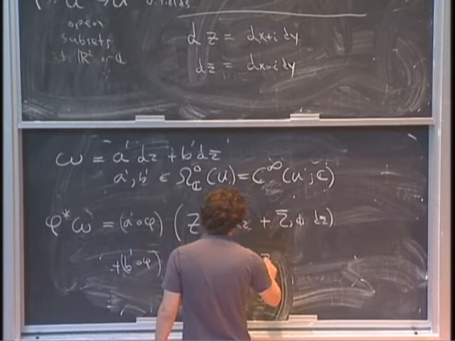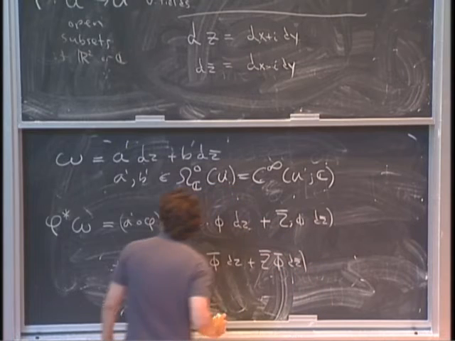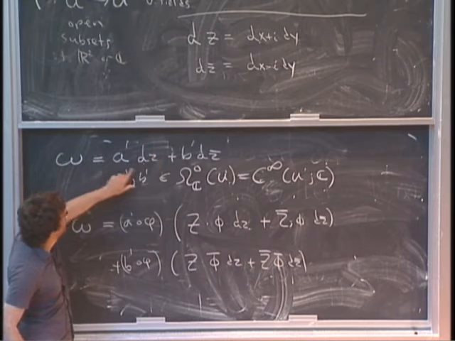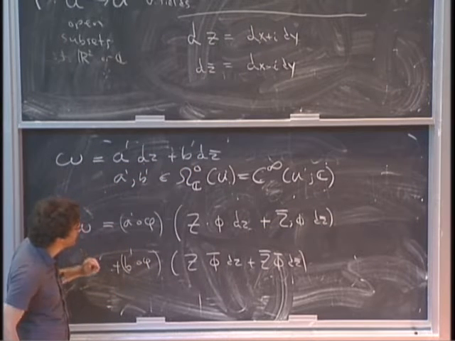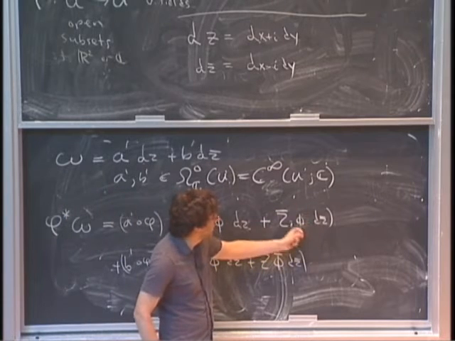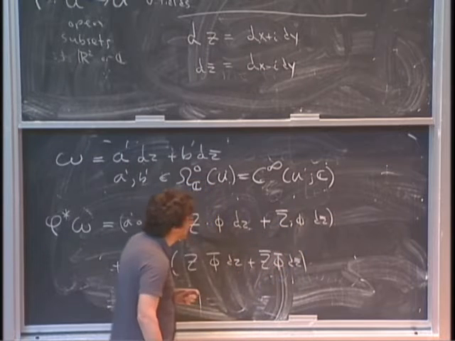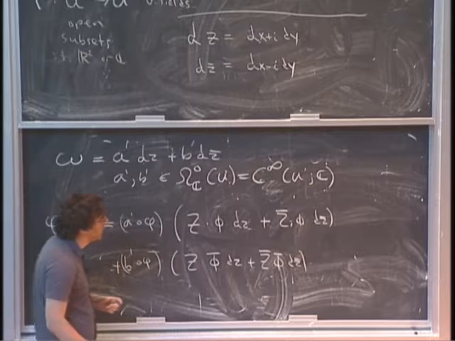So in general, even if we start with a form spanned only by dz, where b' is 0, if we take a general smooth function phi, we might get a term with dz bar by this action. However, one can make sure that never happens by taking phi to be holomorphic.